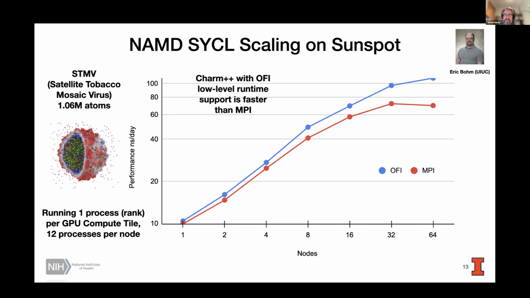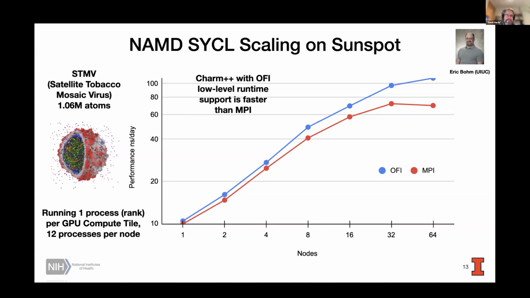And so when you get the low-level runtime support in Charm++ working well on a parallel computer like Aurora, you generally get higher performance than you do with Charm++ built directly on MPI, and then using the message passing interface directly that way.